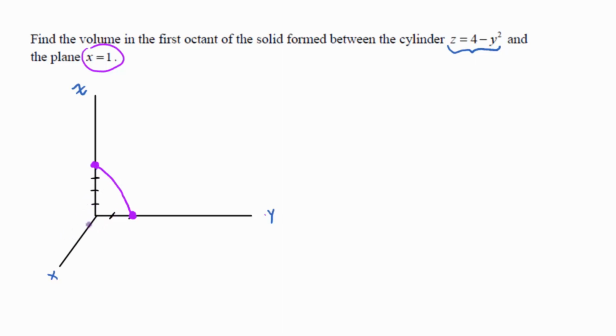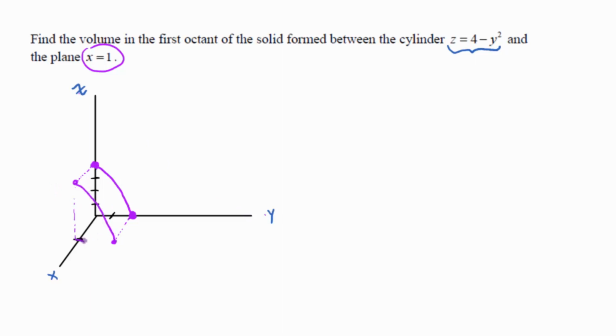All I need to do is go out. I'm not scaling this the same, but I'm going to call that 1 on the x-axis just so you can see it. So translate this generating curve parallel out to that distance of 1 from the YZ plane.